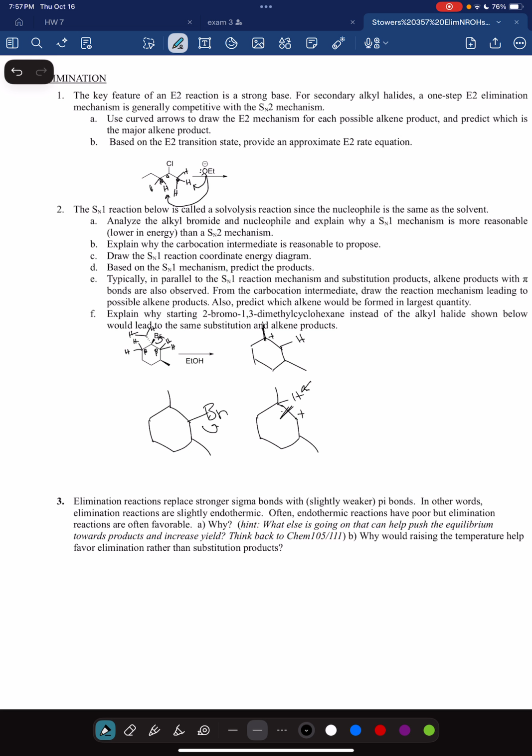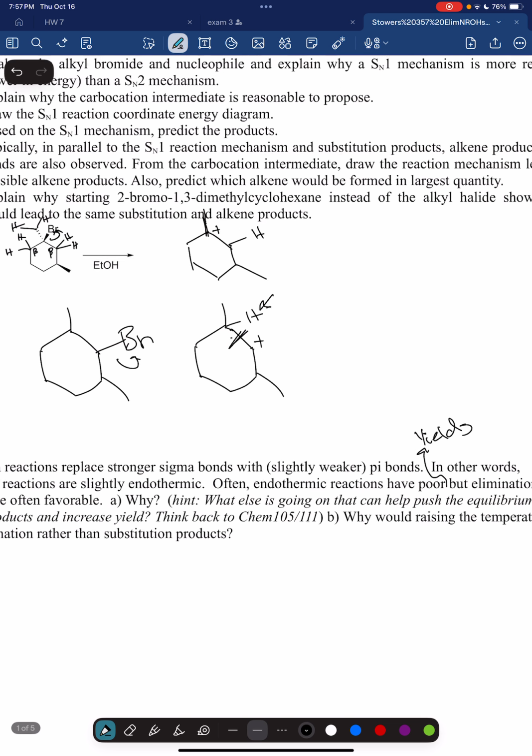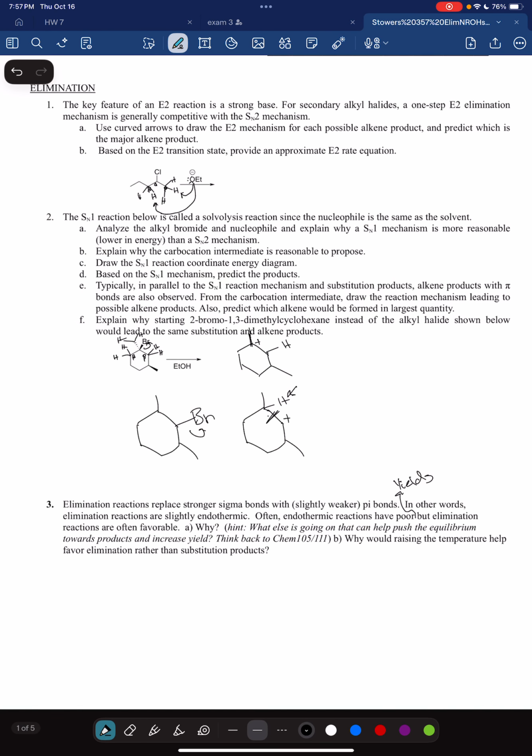Oh, this is missing a word: have poor yields. But elimination reactions are often favorable. Why? What else is going on that can help push the equilibrium towards products and increase yield?